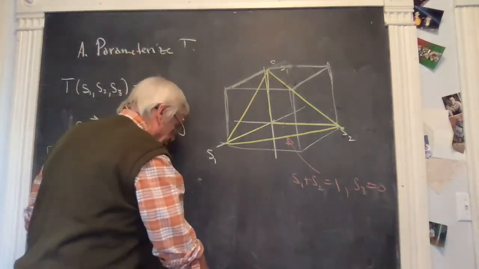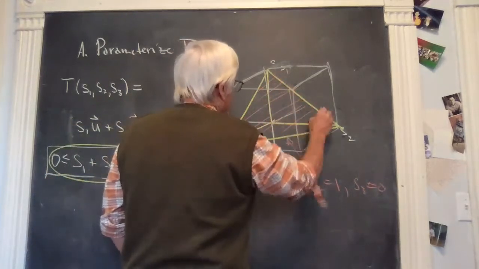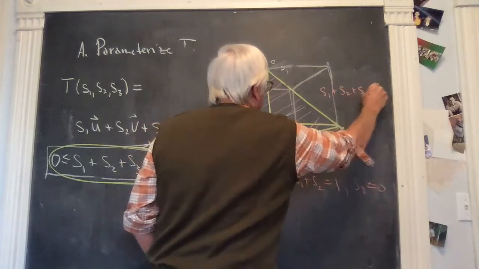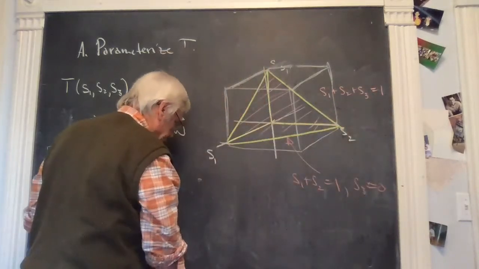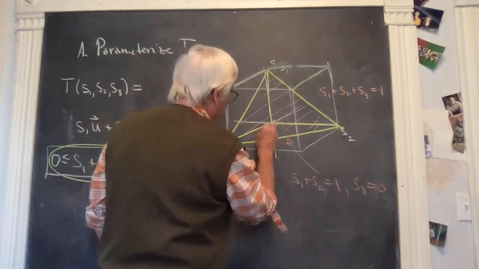And this plane right here in front is the plane S1 plus S2 plus S3 equals 1. And let's see if we can find this little triangle down here.